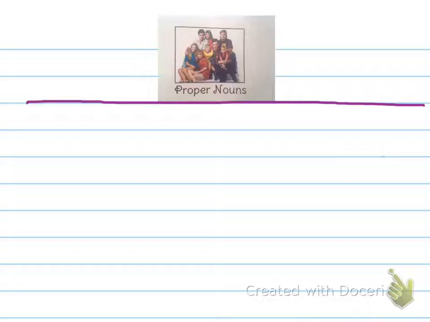Now let's look over at the right side of our T-chart. On this side, you glued in a picture of the Tanner family, and it is labeled proper nouns. This picture is a very specific and somewhat familiar family. You probably know it from Full House, the Tanner family.